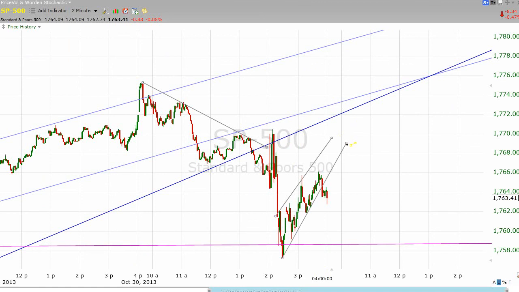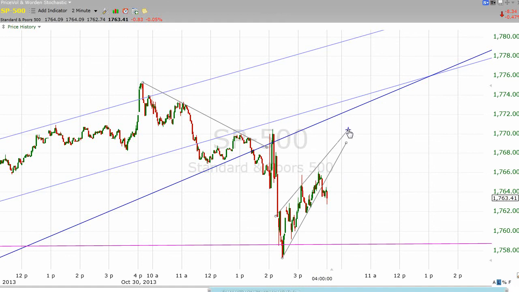It is possible that not only did we form a bear flag today, but that the flag broke down fairly late in the session, with probably about 15 to 20 minutes left in the trading day.